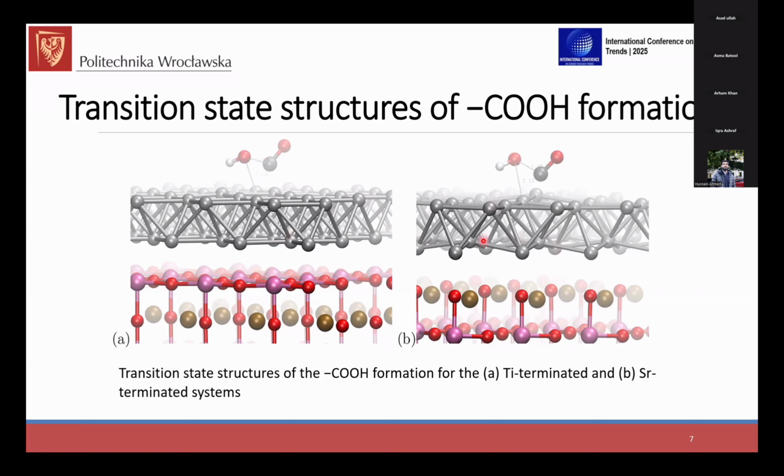So in the TiO2 terminating system, the OH group can detach from the platinum and approach the adsorbed carbon monoxide CO, with relatively little geometric distortion, as we can see here.